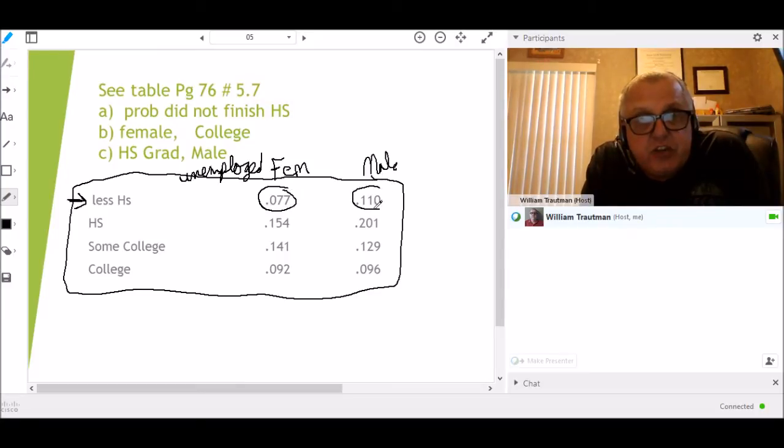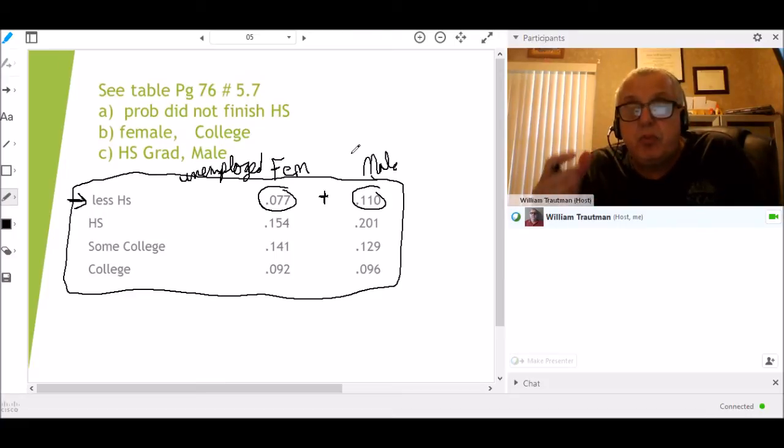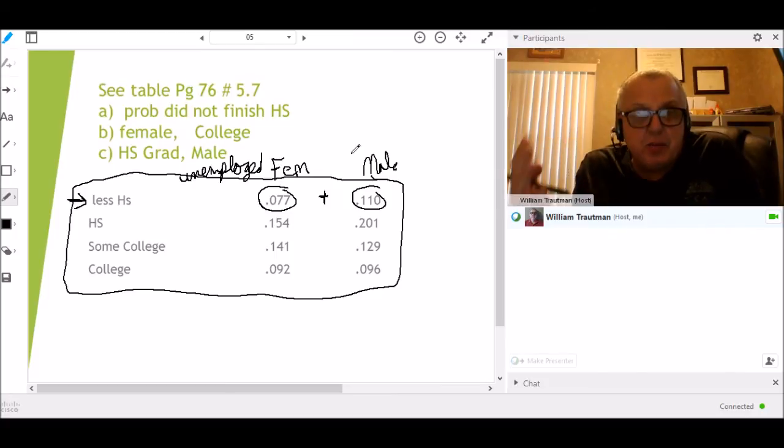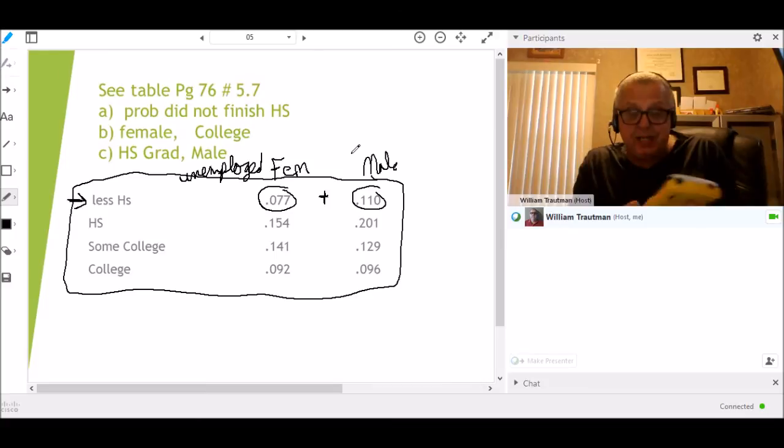This is the percentage of males who did not finish high school. So part A is asking, what is the probability of being selected among those who did not finish high school? If you're unemployed and did not finish high school, well, just add these two probabilities together.